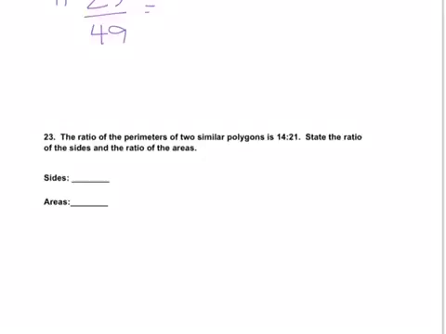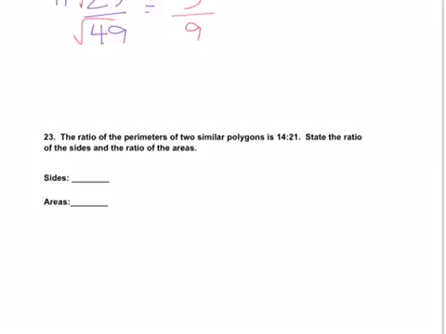So if I take the square root of each, the top and the bottom, I would get 5/9. So the side is 5 to 9. The perimeter is also the same as the side. This side is reduced, so they end up being the same.